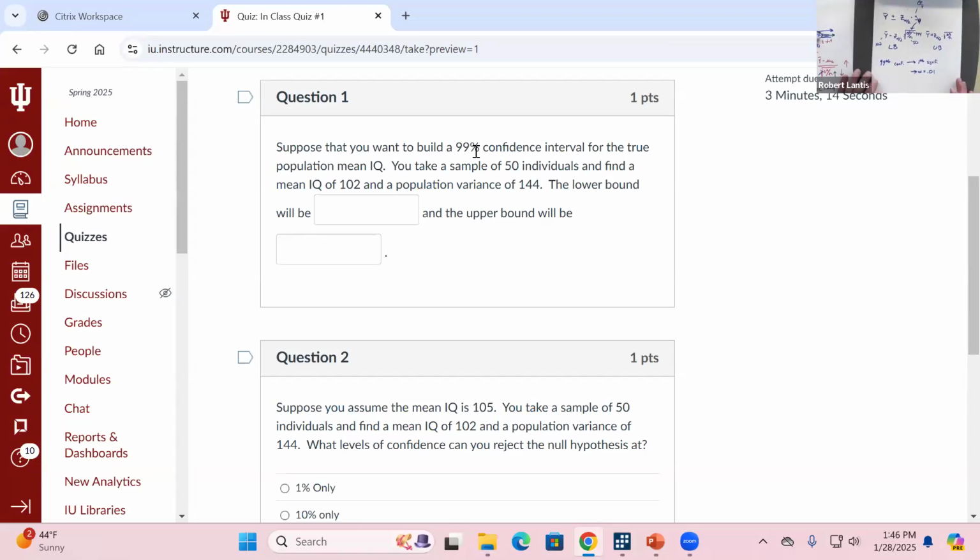Now, with confidence intervals, it's just like a two-tailed test. So I'm looking for these Z values such that the total area on either side of that many standard deviations is 0.01, which means I only have half of alpha in each tail, or 0.005.